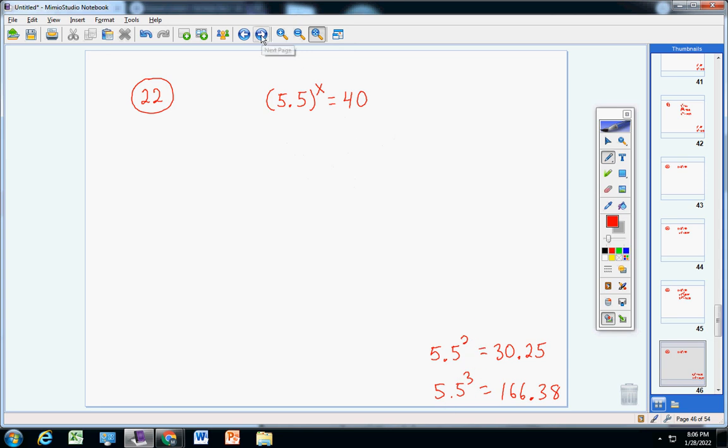So I experimented, and I found out that 5.5 to the 2.1 is 35.87. 5.5 to the 2.2 is 42, which is, of course, greater than 40. So your answer is going to be 2.1. Okay? I hope this helps. Let me know if you still have more questions.